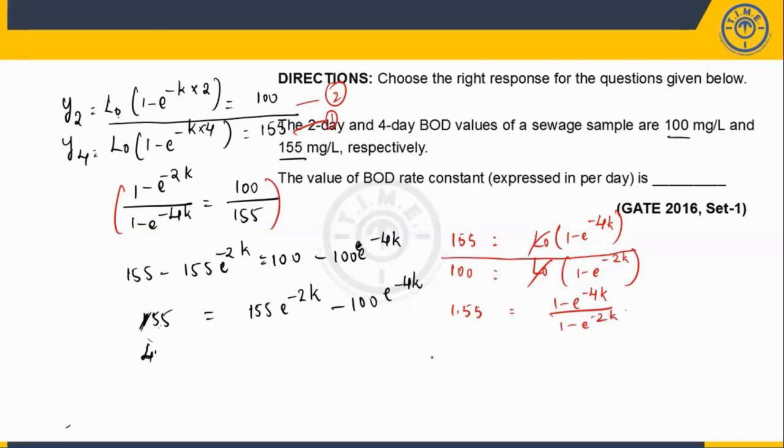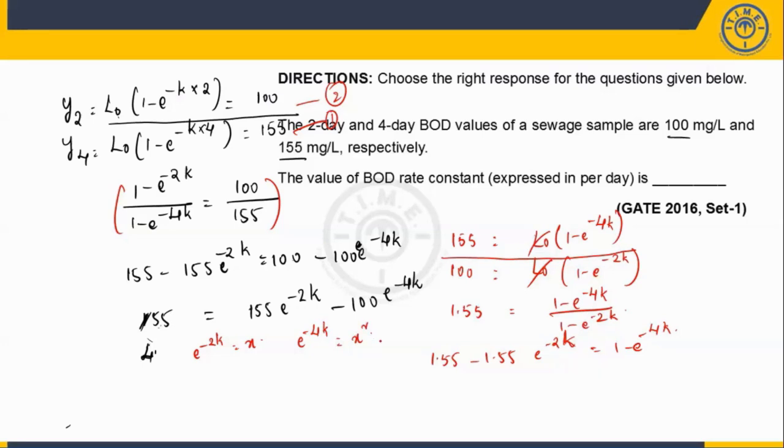Now I am taking this to this side: 1.55 minus 1.55 e power minus 2k is equal to 1 minus e power minus 4k. Let's assume e power minus 2k is equal to x. Then e power minus 4k is equal to x square.